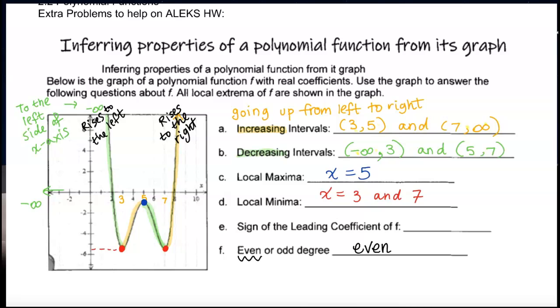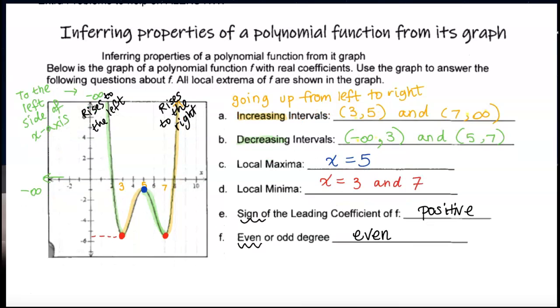Okay, if ends are doing opposite things, it's going to be odd. But we know this is going to be an even degree function because both ends are going up, up. And because they're both going up, we know the sign of the leading coefficient is positive.